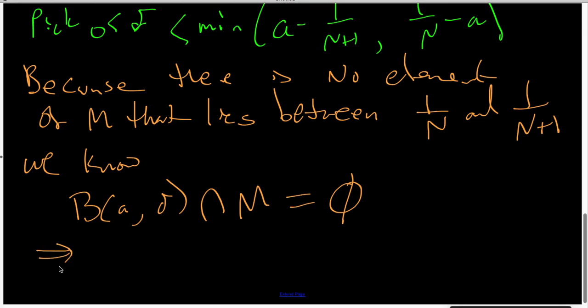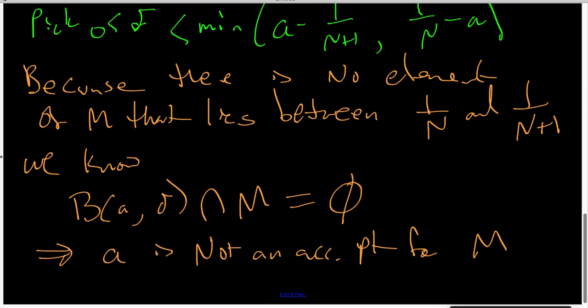And that will say that A is not an accumulation point for set M. And that actually completes the proof for problem 15.